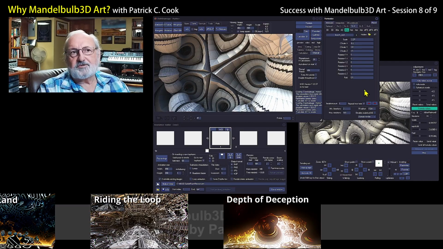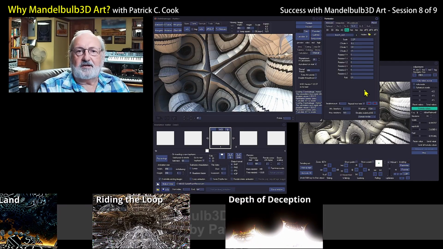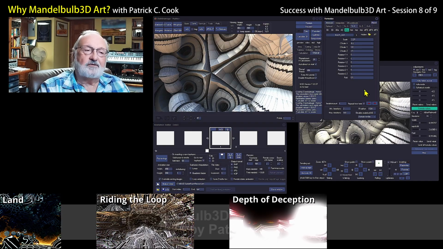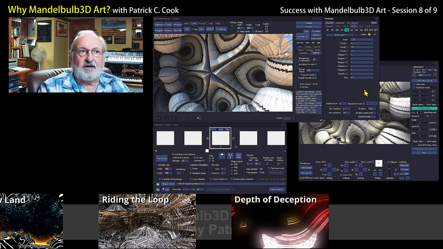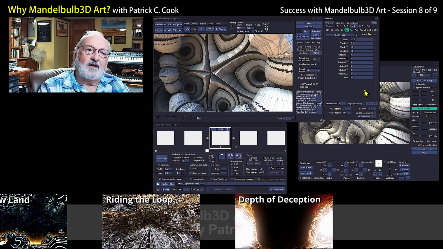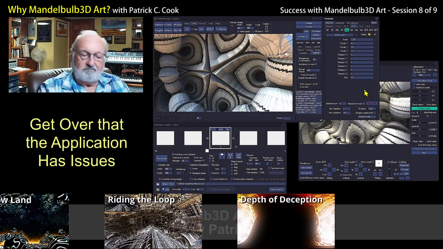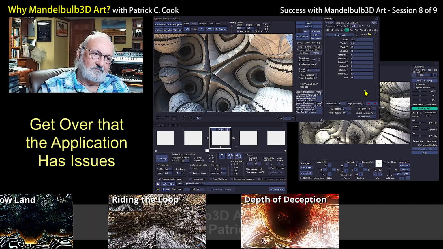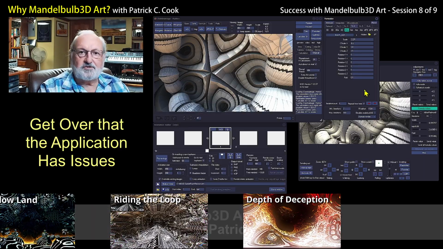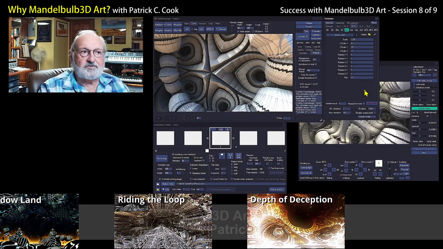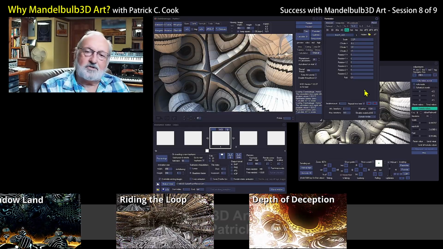Another tip is, get over the fact that the Mandelbulb 3D software application has got issues. It's going to freeze up on you. I've never really seen it just go away. I've seen it just freeze up and stop working.